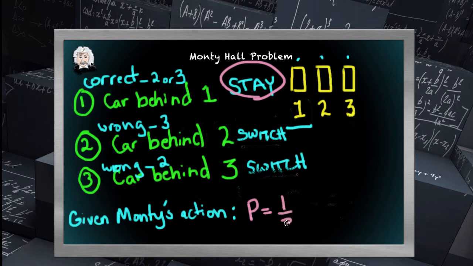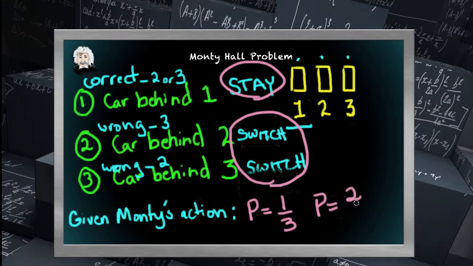And that's the scenario where the contestant guessed correctly in the first place. But in 2 out of the 3 scenarios, the contestant is better off by switching. So the probability of switching and finding the car, given Monty Hall's actions and what curtain Monty opened up, is 2/3.